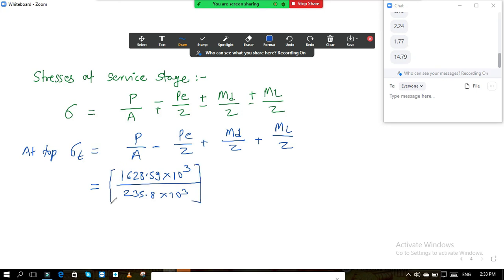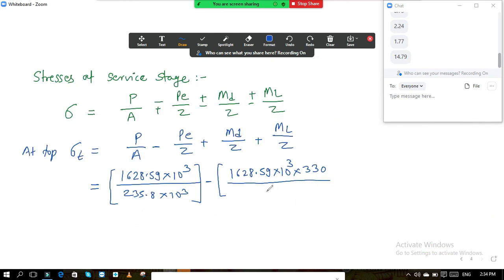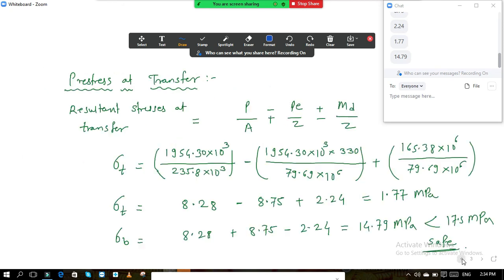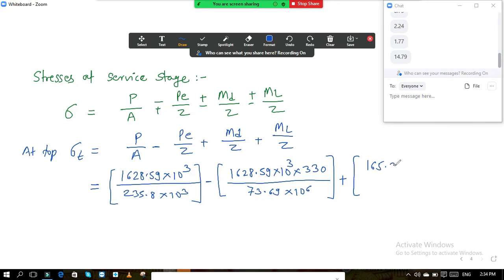This is the first bracket, minus P by Z. So this is P into eccentricity, you know that 330 we have calculated, divided by Z. What was the value of Z? 73.69 into 10 raised to 6, plus MD by Z. What was our dead load moment? 165.38 into 10 raised to 6 divided by 73.69 into 10 raised to 6.